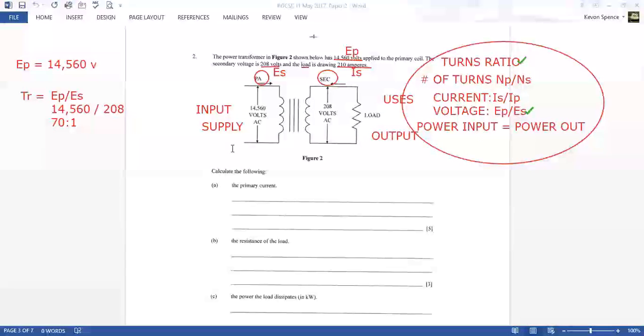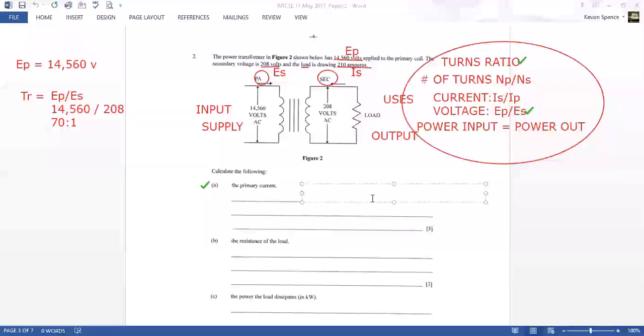The next thing says calculate. Part A says calculate your primary current, which is what we are going to do now. Seeing that we have our turns ratio, we only need secondary current to find primary current.